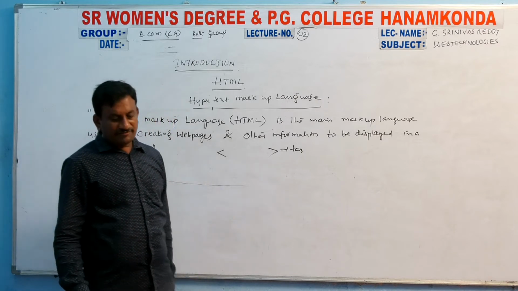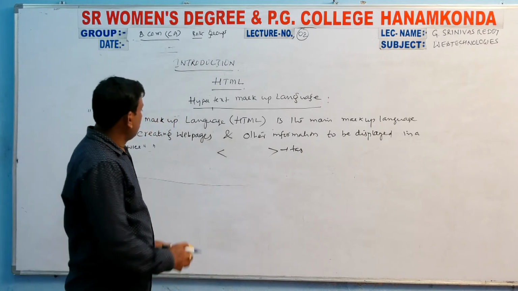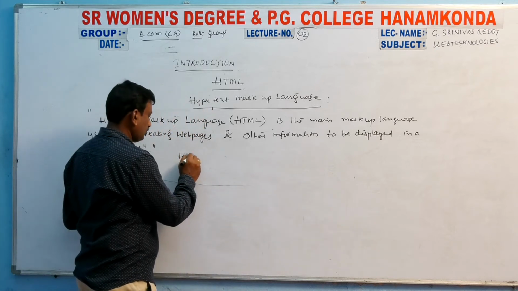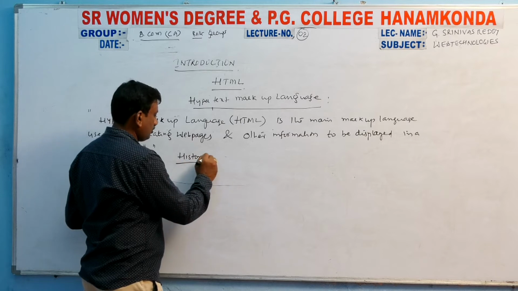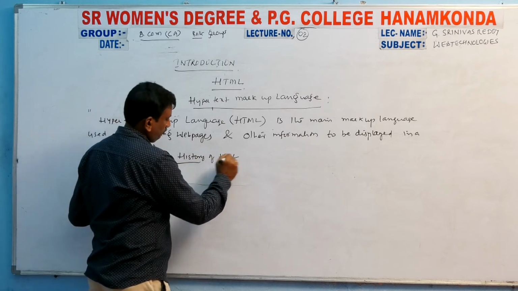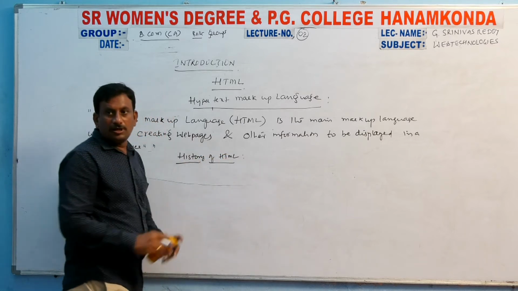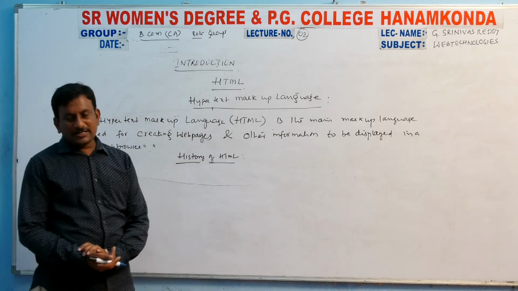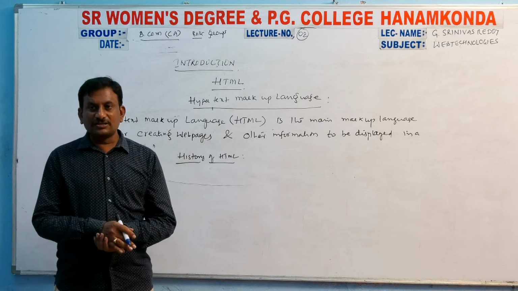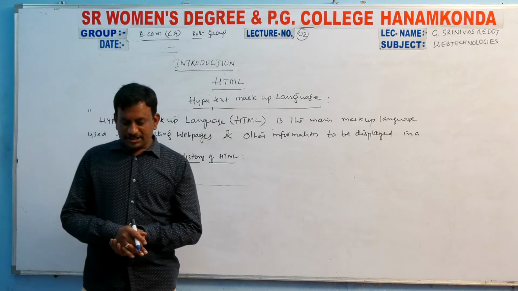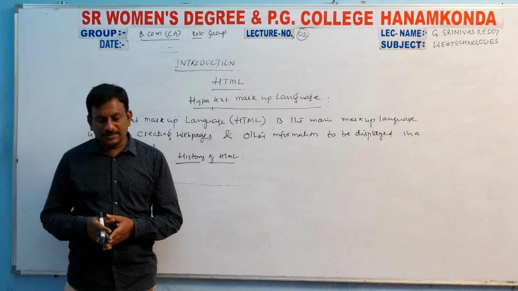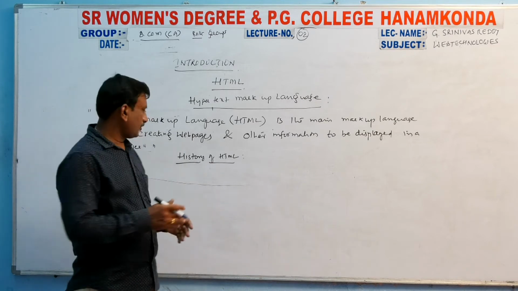Now the history of HTML. The first HTML tags, with less than symbols and greater than symbols, were mentioned by an author named Berners-Lee.